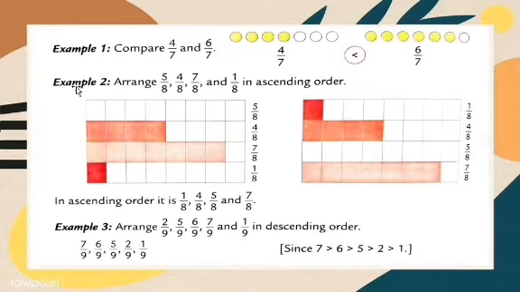Arrange 5 upon 8, 4 upon 8, 7 upon 8 and 1 upon 8 in ascending order. What do we have to do, my dear students? Ascending means we have to arrange in proper order, like 1, 2, 3, 4, 5.